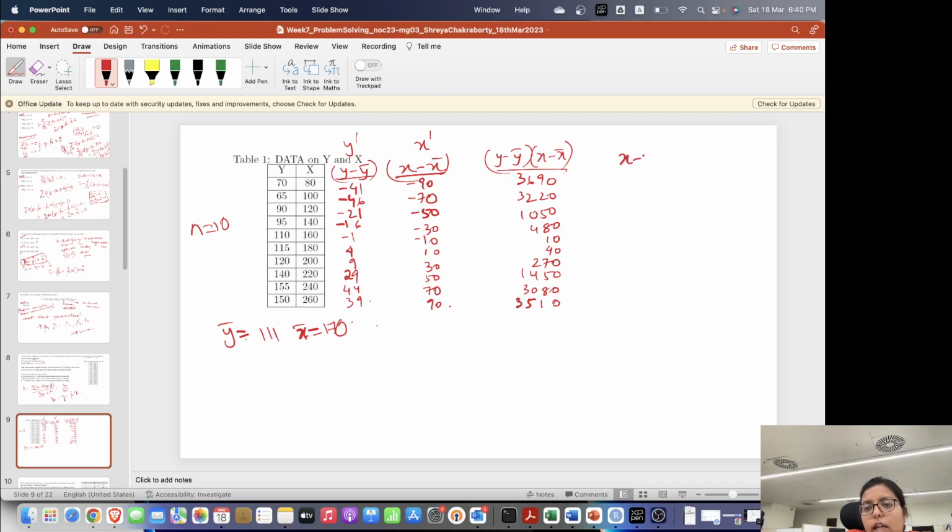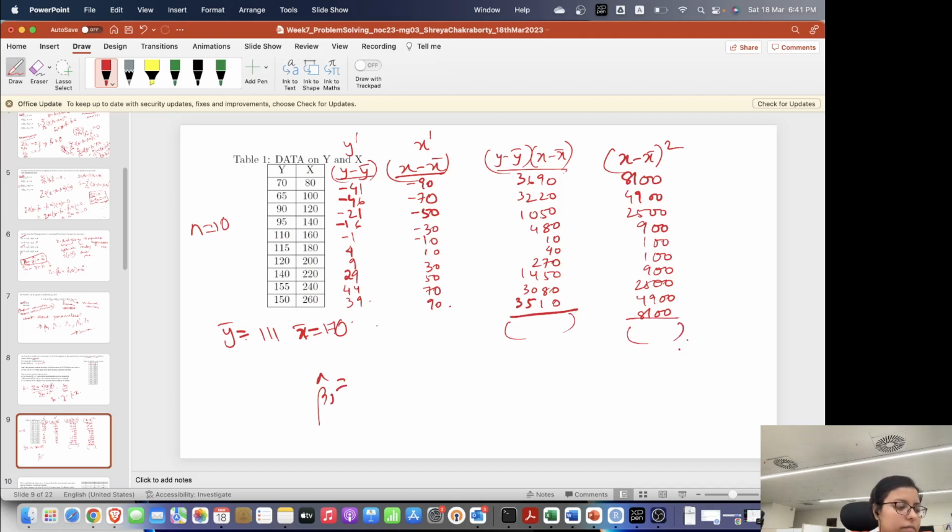What else do we need? We need x minus x bar square. So this will be 8100, 4900, 2500, 900, 100, 100, 900, 2500, 4900 and again 8100. So then beta 1 hat would be, we'll add this up divided by this one. How much is this coming if we add up?